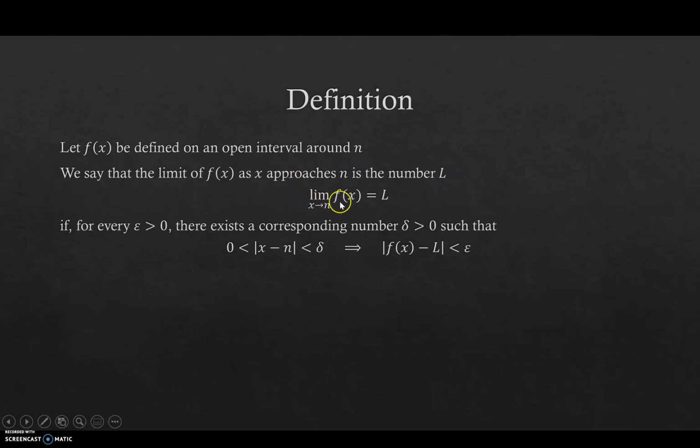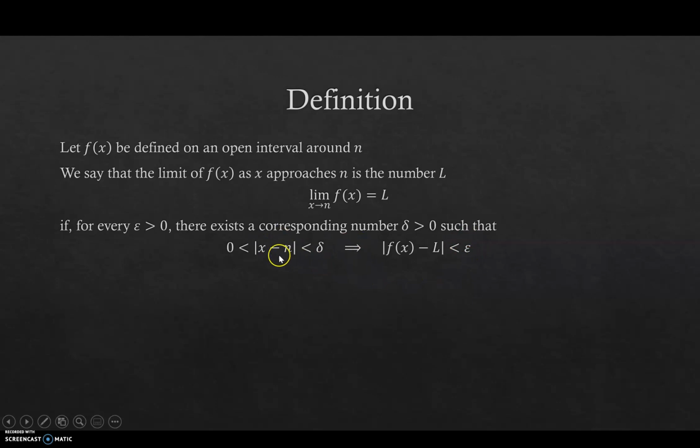The limit as x approaches n of f of x is L if for every epsilon greater than 0, so remember epsilon is a distance, we want it to be a small number, but it's got to be positive, there exists a corresponding number delta, also greater than 0, again, a positive distance, such that as long as my x values are within that little range between 0 and delta, then this implies, that's what the arrow represents, that the absolute value of f of x minus L is also within this little distance, okay?